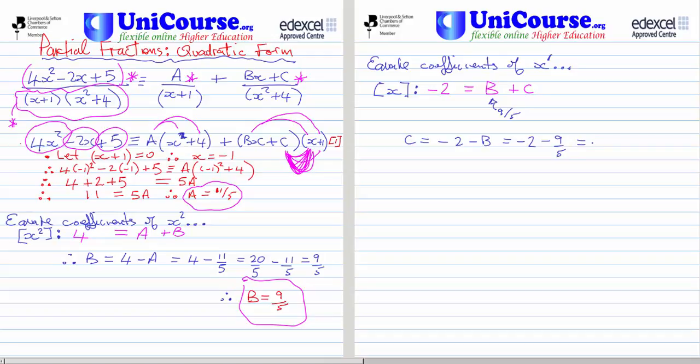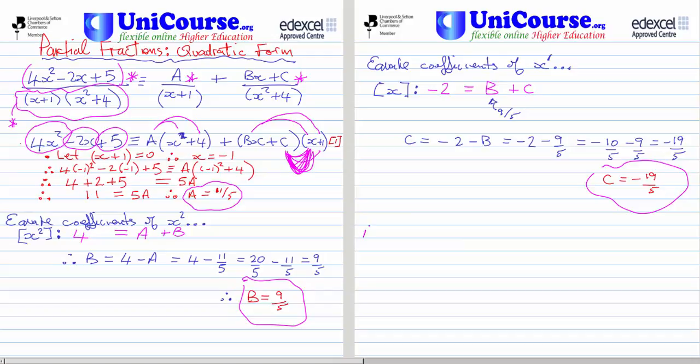Something like 10 over 5 is 2. Minus 10 over 5 minus 9 over 5. That's going to give you minus 19 over 5. So we can therefore say in red c equals minus 19 over 5. And I'll just ring that in pink. And then it appears that we have our proposed answer.